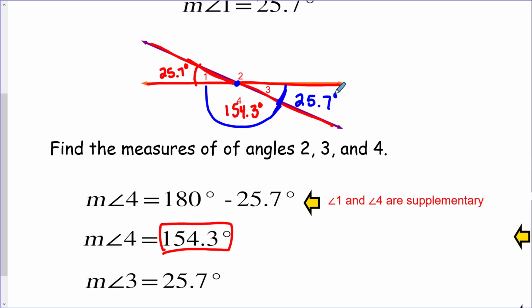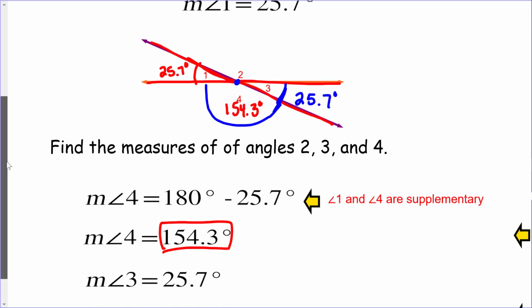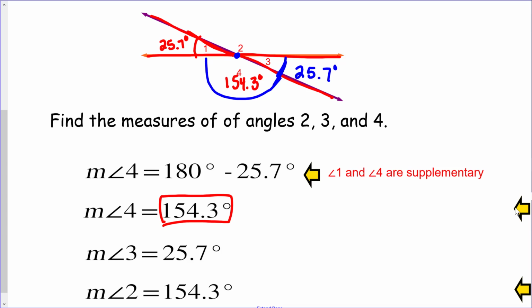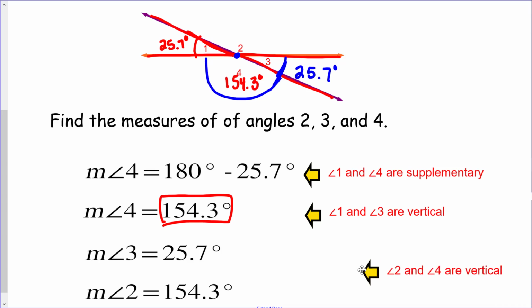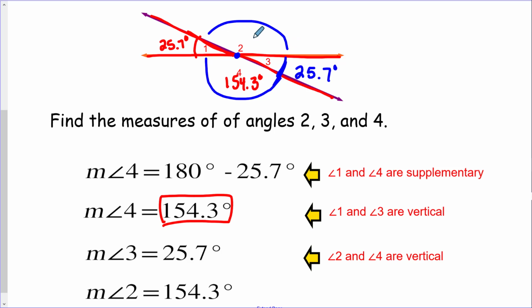You don't even have to do any math there. And the same with angles 2 and 4, we can say that they are vertical angles also. So therefore they are equal. So we figured out what all of the angles equal. This one here equals 154.3. All total, we add them all together, we have a complete circle. This is going to give us 360 degrees.